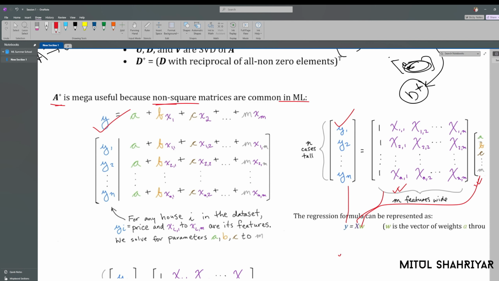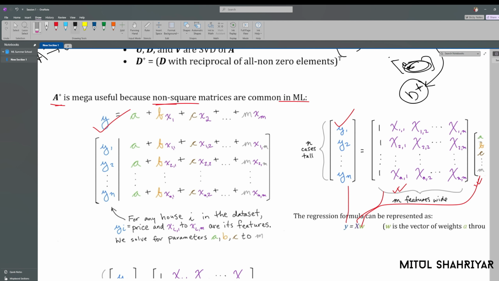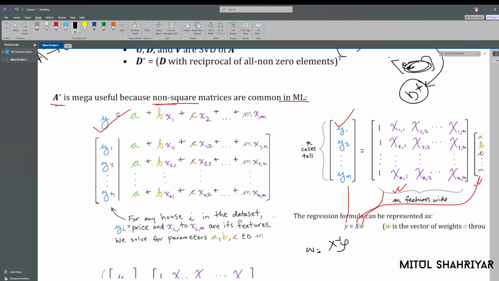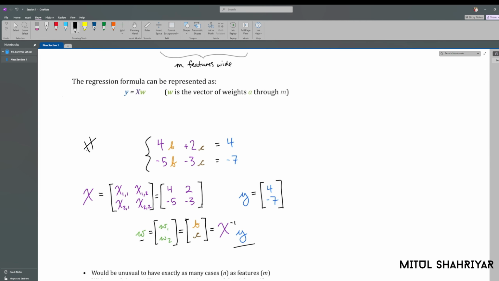Then we are saying x inverse w equals x inverse y, right? This was an example provided in our last video. I believe you have seen that, and this is how we already have x. So we will get x inverse and we have y, and we will get the value for w.